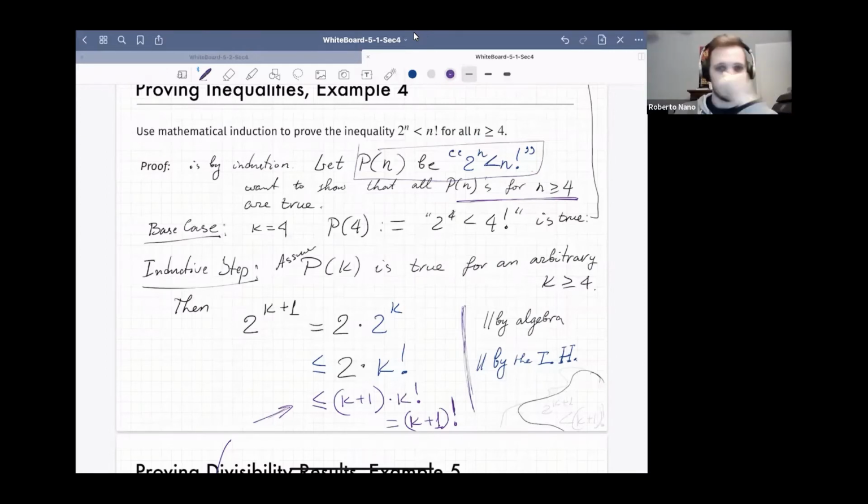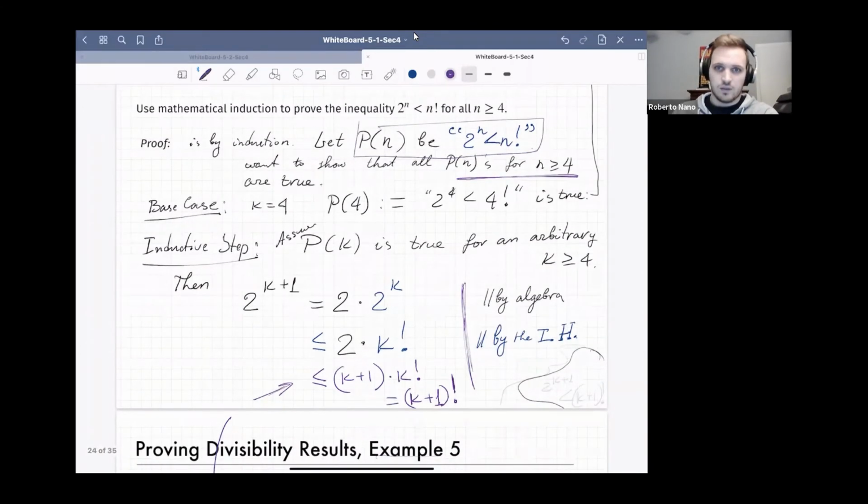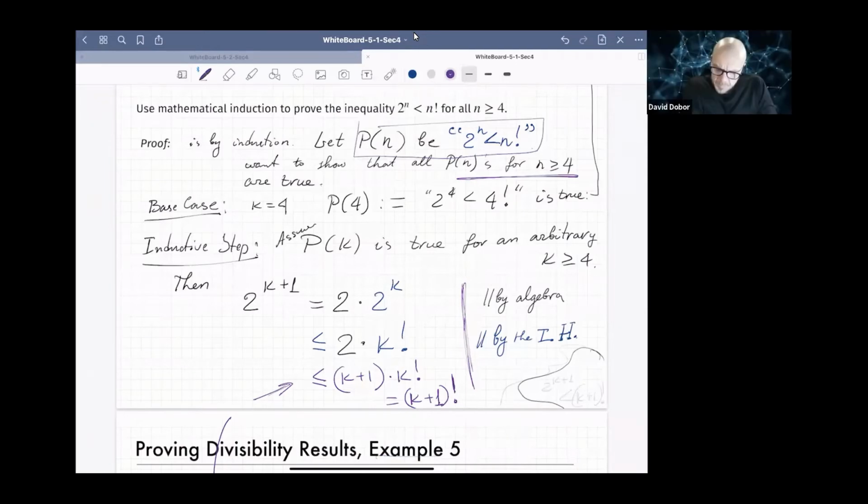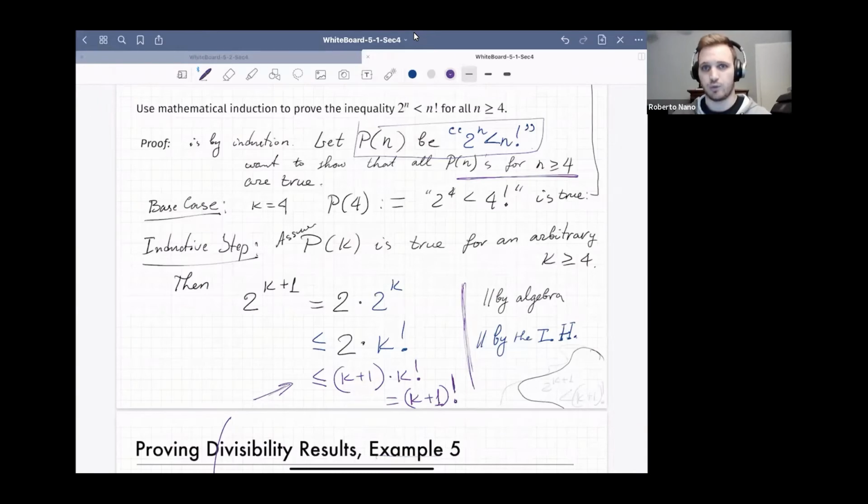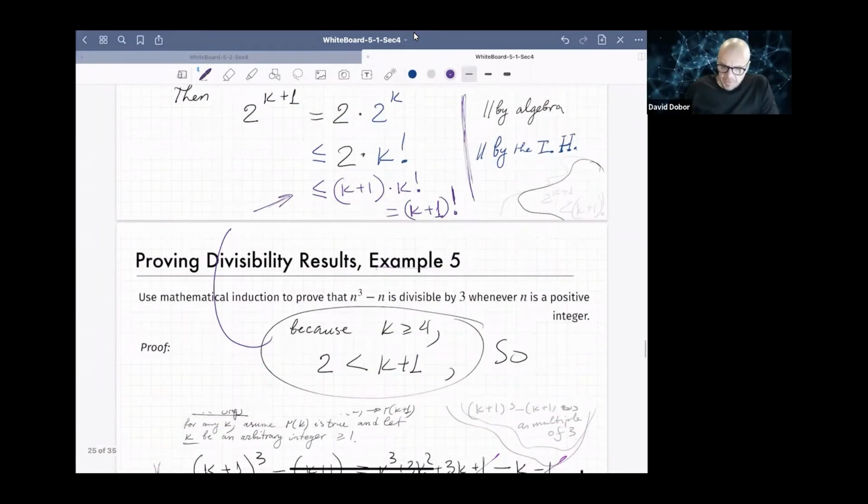I have a question. Is it possible to say that we want to prove that 2 to the k plus 1 is less than k plus 1 factorial, bring k plus 1 factorial to the other side and prove that this is less than 0? Yeah, sure, that's algebraically equivalent.